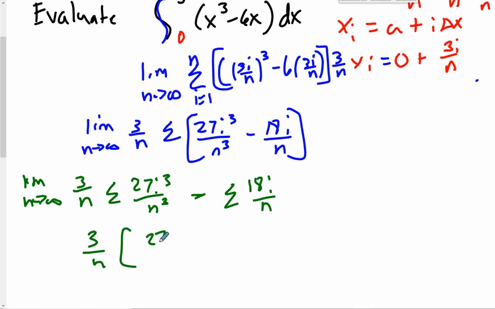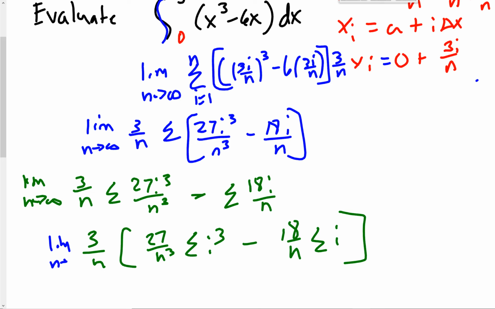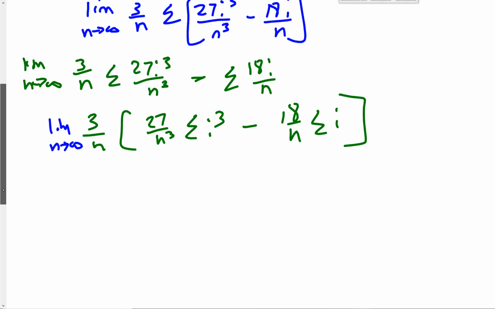So 27 over n cubed and the sum of i cubed. So now I can substitute that formula, and 18 over n times the sum of just i. So I can substitute a formula there. And again, I'm taking the limit, but like I said, a lot of times I'll just leave that out until the very end.